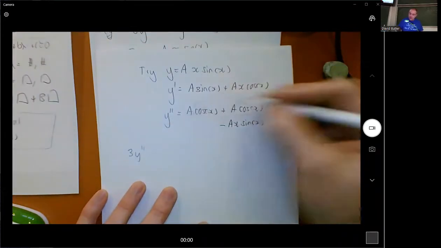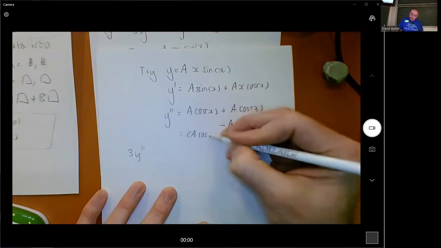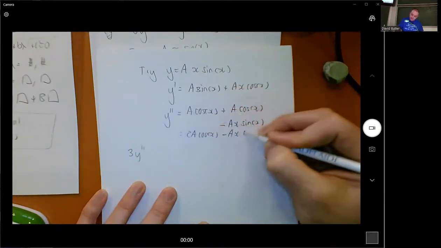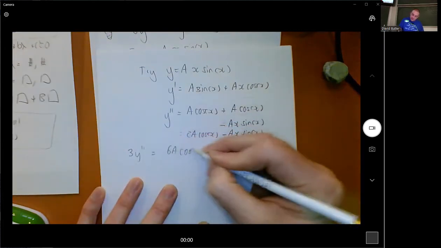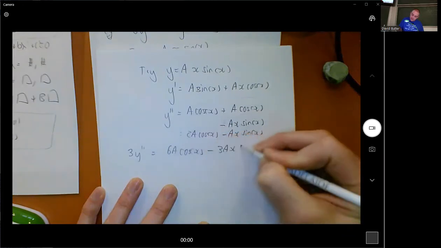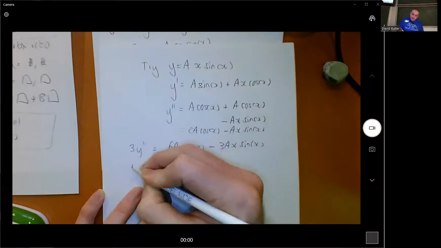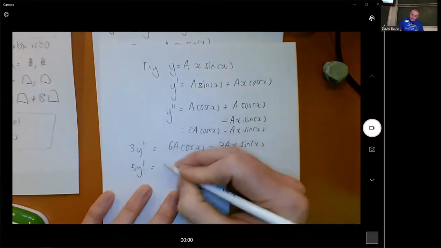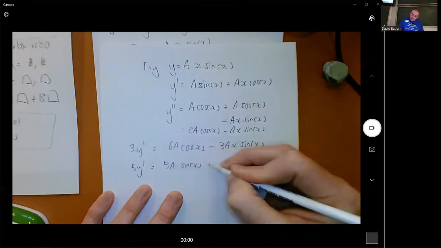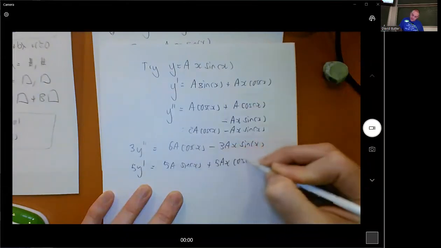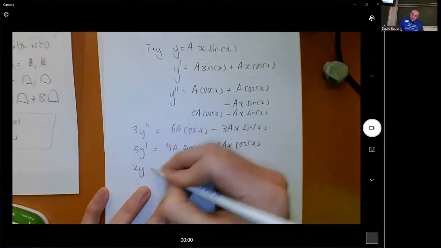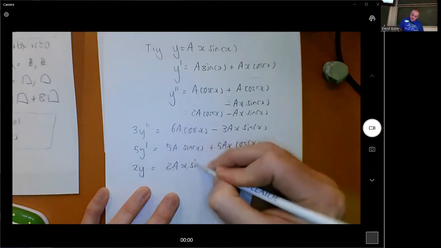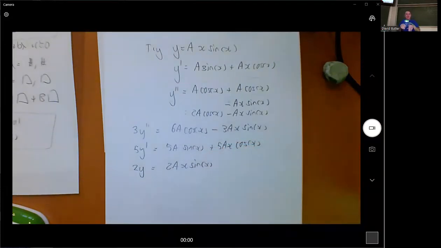Oh, so that's actually 2a cos x, right? So 3y double dashed is 6a cos x minus 3ax sin x. And 5y dashed is 5a sin x plus 5ax cos x. And 2y is 2ax sin x. When I add this all together, it's supposed to produce x sin x.